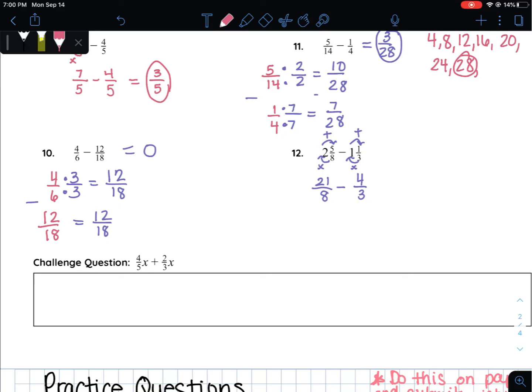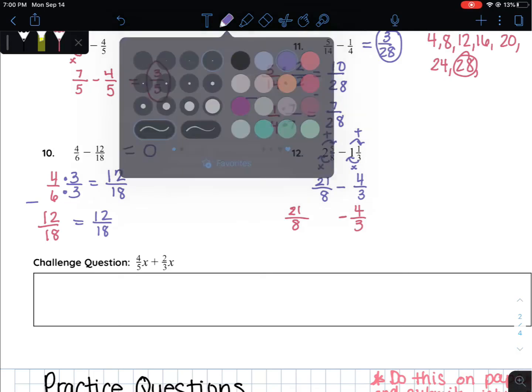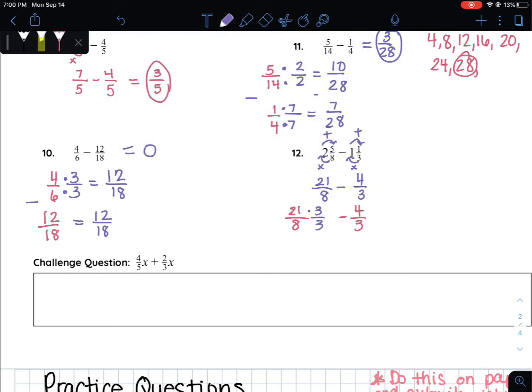I'm thinking I'm just going to use 24. So it'll be, and I'll write this the other way. So I'm just going to space it out a little bit. Multiply by 3/3. Multiply by 8/8. And then we're going to get 63/24 minus 32/24.